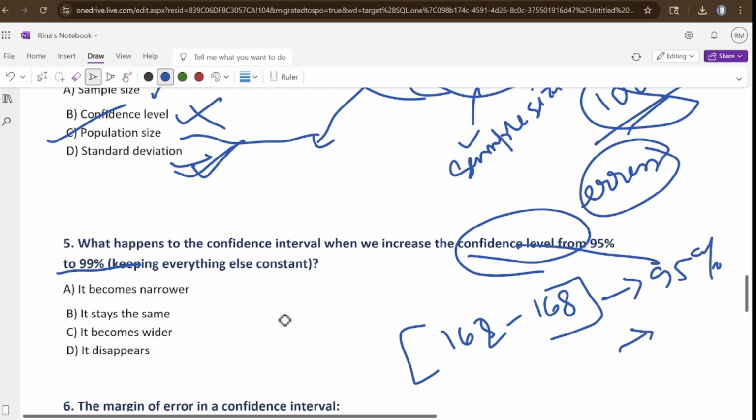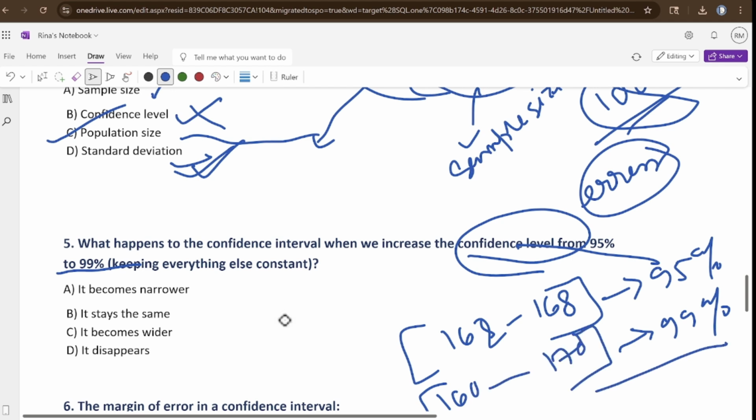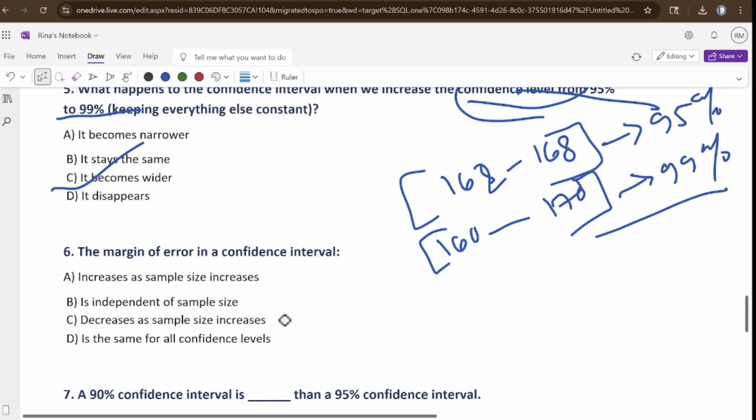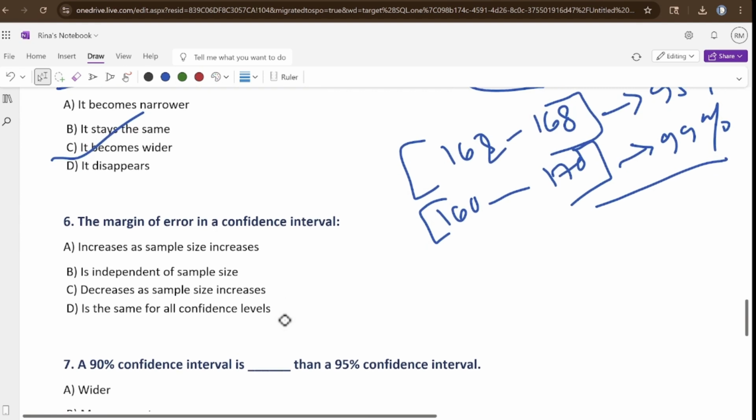But I want to make it 99%. Then you have to take a bigger range, then only you can be more sure, right? So this is asked in a different way. You have to make it wide.